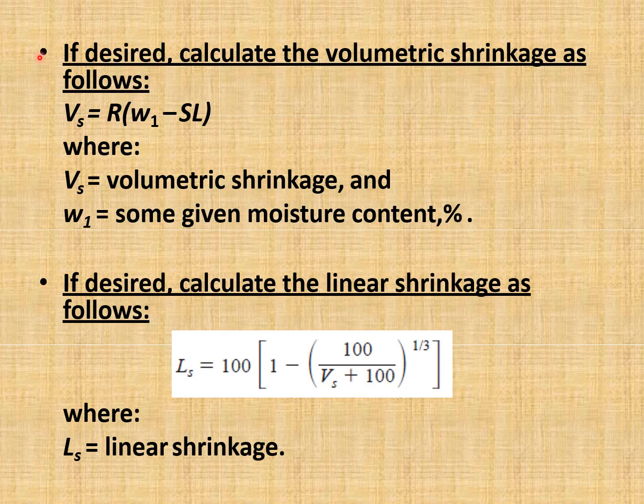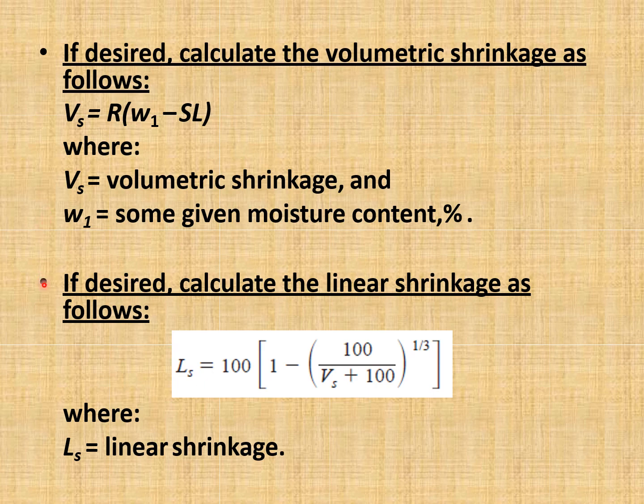If desired, calculate volumetric shrinkage as follows. V sub S is equal to R into W1 minus SL, where V sub S means the volumetric shrinkage, and W sub 1 over here is some given moisture content. So at any particular moisture content you can get the volumetric shrinkage.